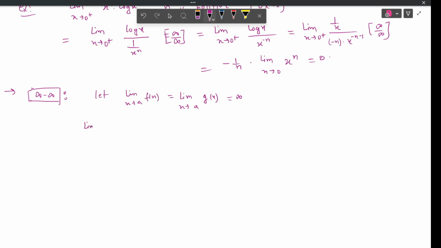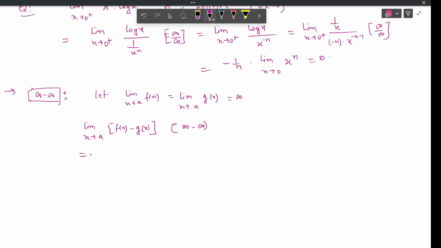Now if our function is limit x tends to a f of x minus g of x, so it is infinity, and this is also infinity. So this is in the form infinity minus infinity.